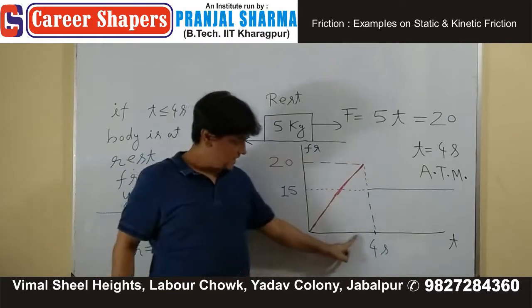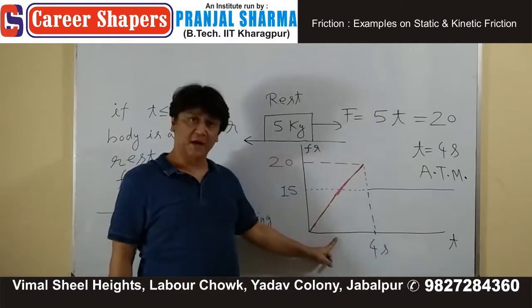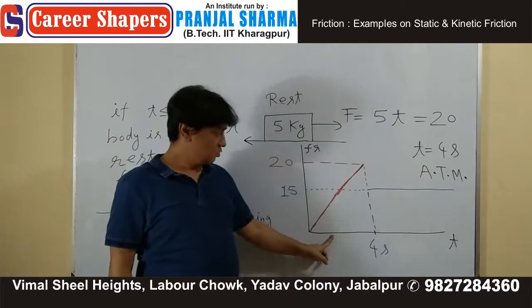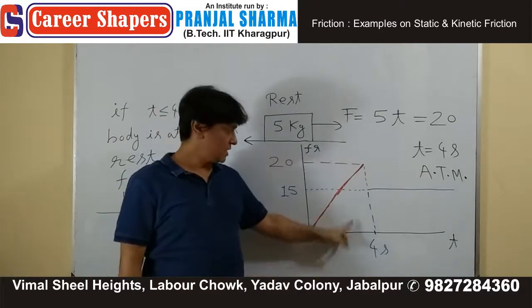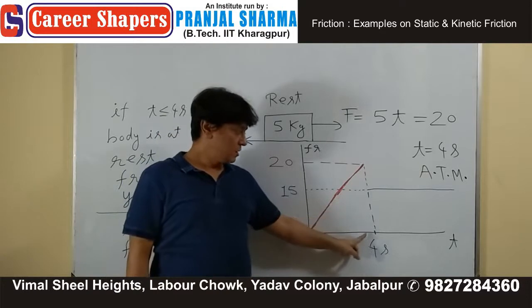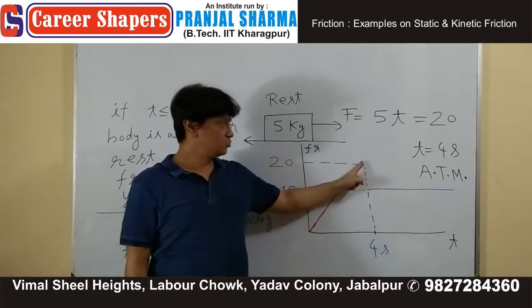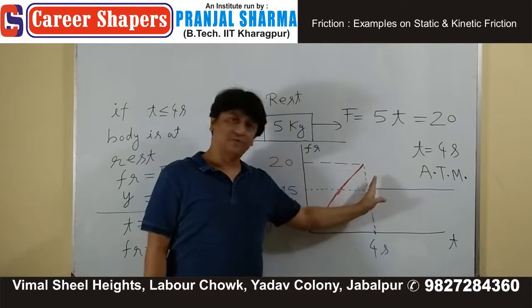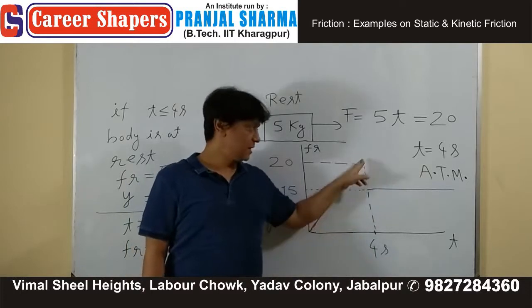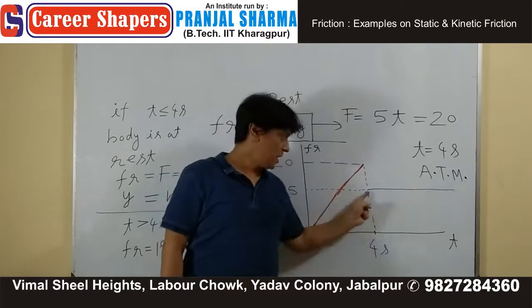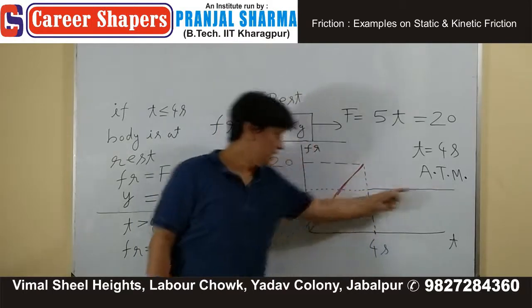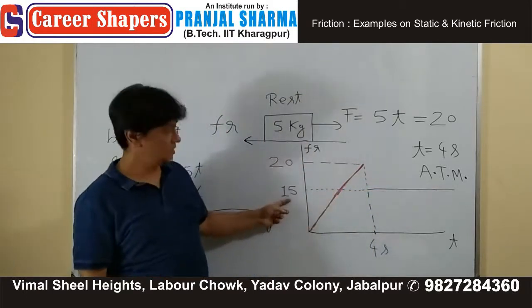At different times, 2 seconds Fr will be 10, 3 seconds 15, 4 seconds 20. Just after 4 seconds it drops because body is moving and your friction becomes constant, which is 15.